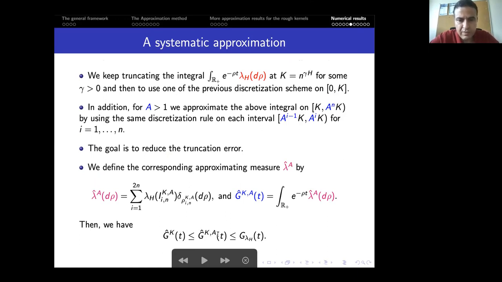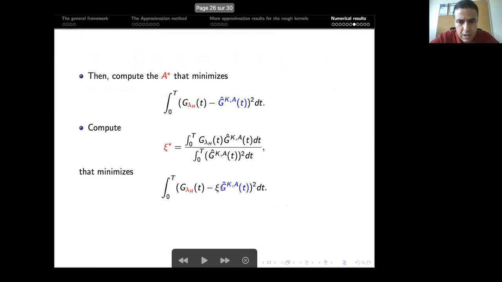But as we still have a gap here, we propose to multiply our kernel by a multiplicative constant xi here, and xi would be, of course, the one that minimizes this squared distance here, which very simple calculations give you the optimal xi, which turns out to be equal to this ratio of integrals in this case.